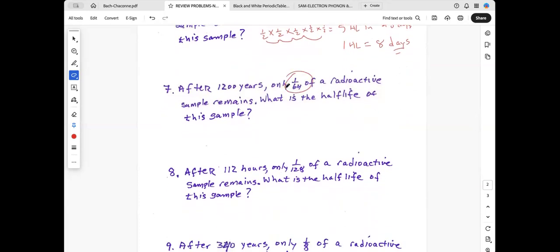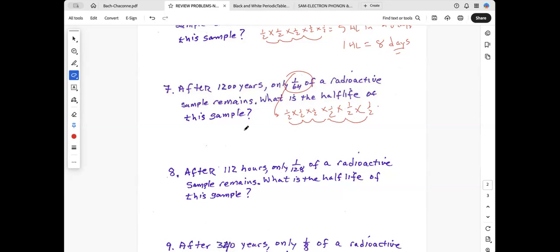1/64. Well, this is going to be 6 half-lives: a half times a half times a half times a half times a half times a half. That's a fourth, an eighth, a 16th, a 32nd, and 1/64, right?